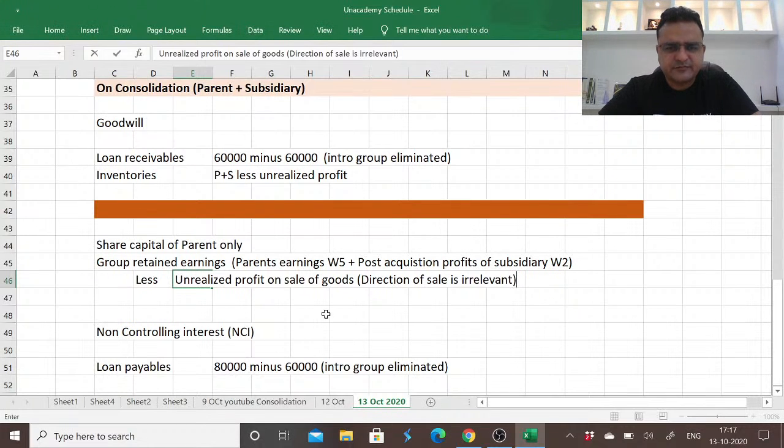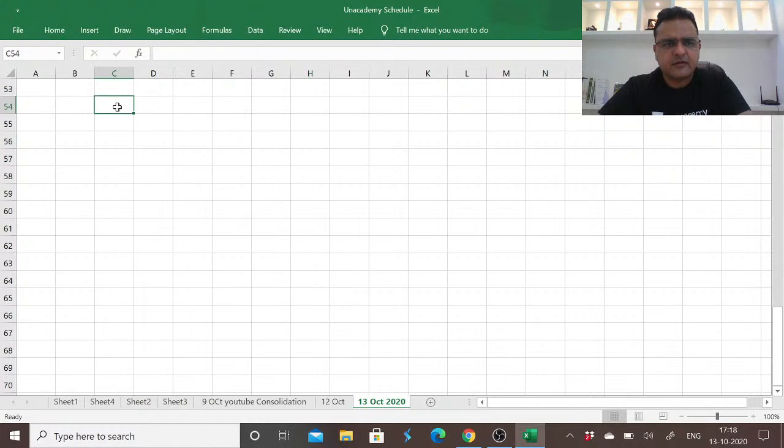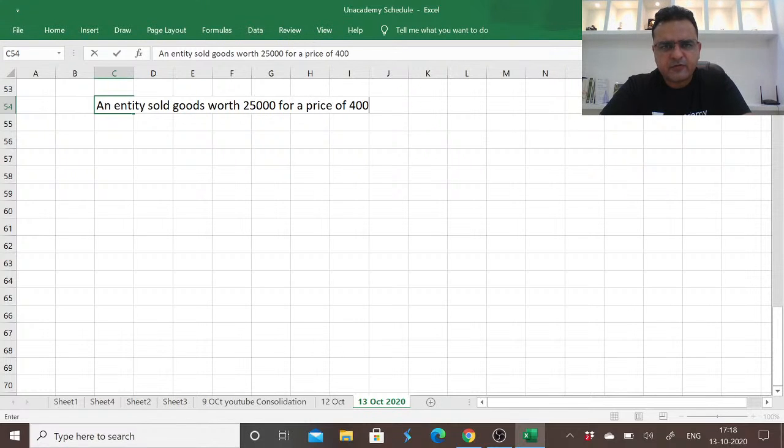What does it mean? An entity sold goods worth 25,000 for a price of 40,000.